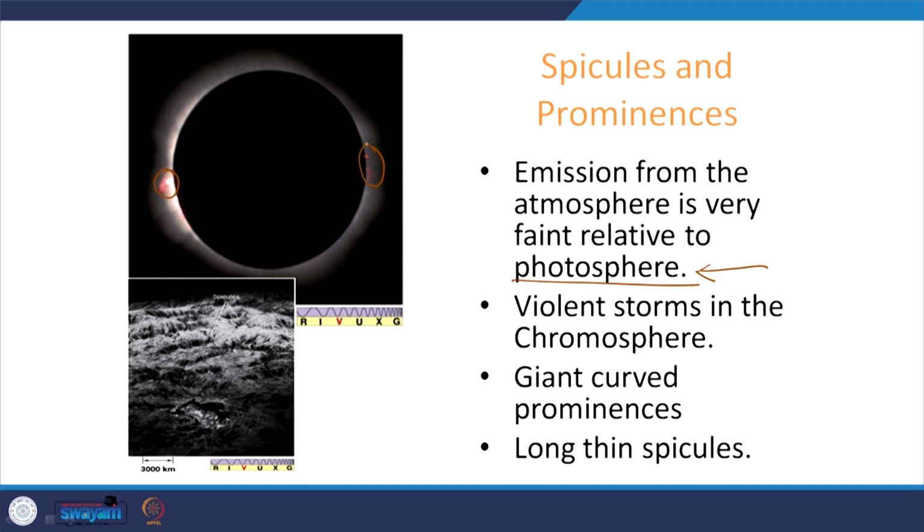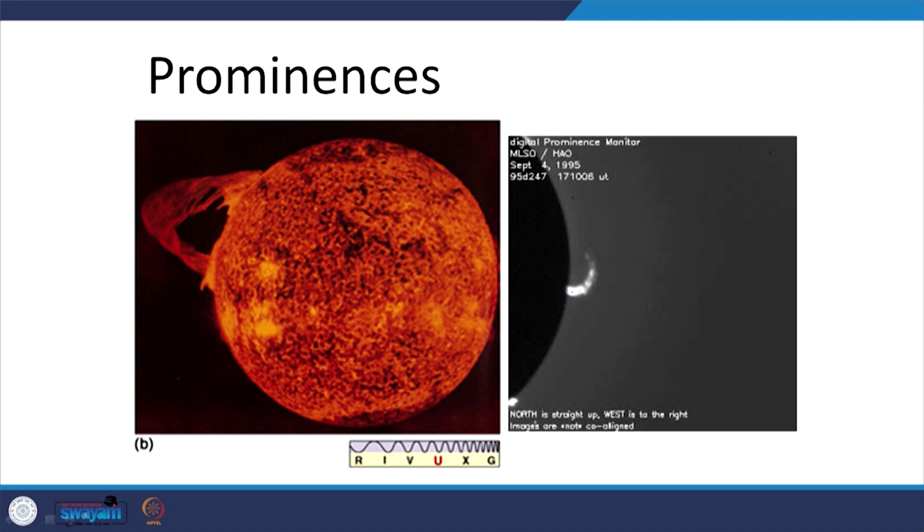The chromosphere is also the region where violent storms occur. We will talk about what these storms are. You see a lot of interesting features in the chromosphere. Prominences are the unique times when the sun emits huge amounts of plasma into outer space, or into interplanetary space.